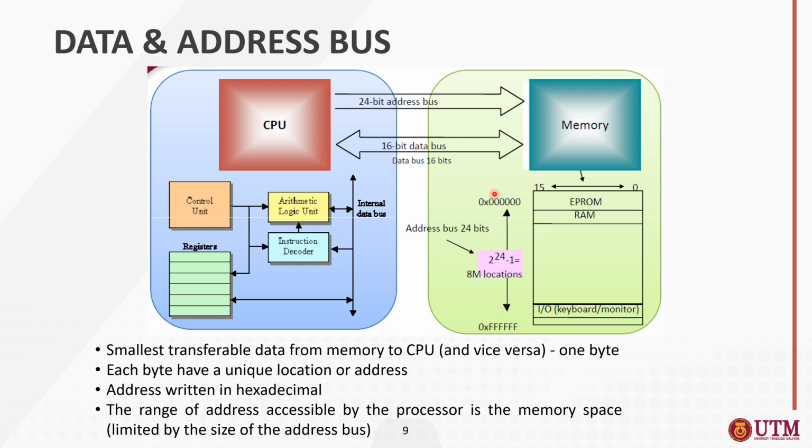The amount of addresses that you have inside the memory depends on the size of the memory. So for example, if your memory is 4 GB, 8 GB, 16 GB, or 32 GB, the number of addresses depends on the capacity of your memory. So that is the data and address bus.